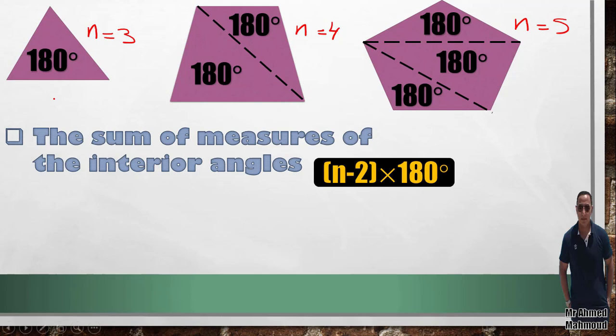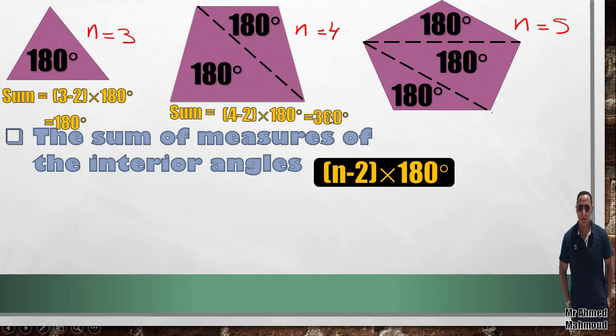In the first case, n equals 3, so it is 3 minus 2 times 180, which equals 180. In the second case, n equals 4, so it is 4 minus 2 times 180 equals 360.